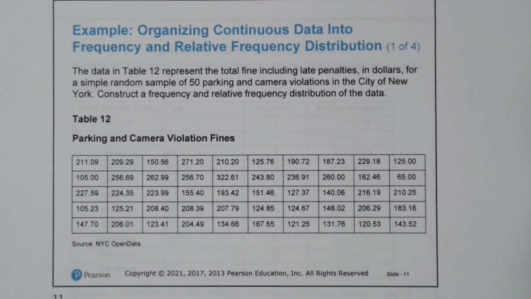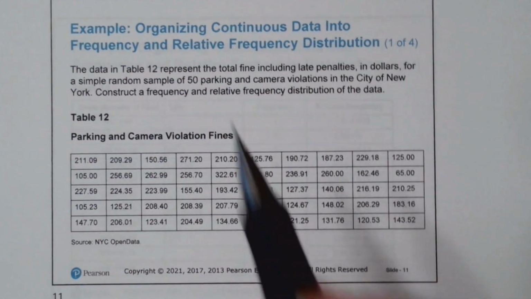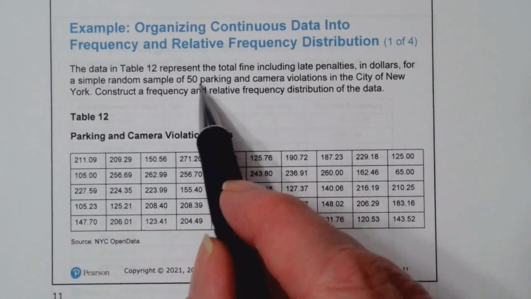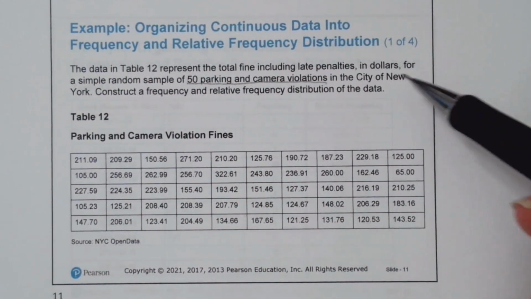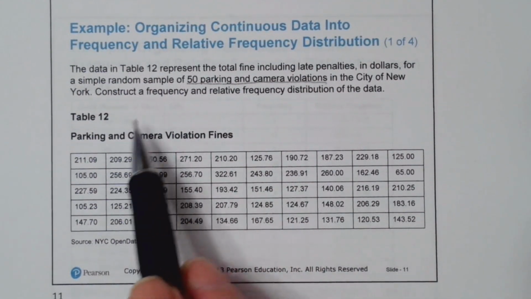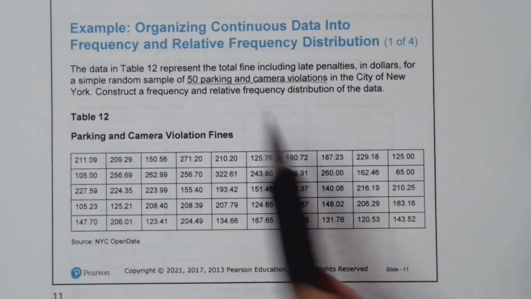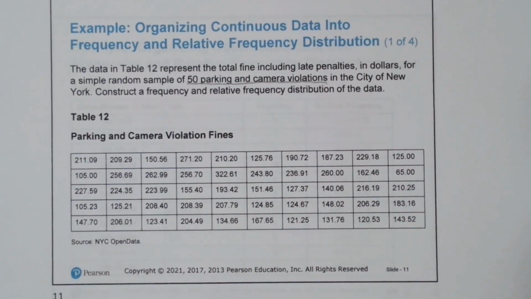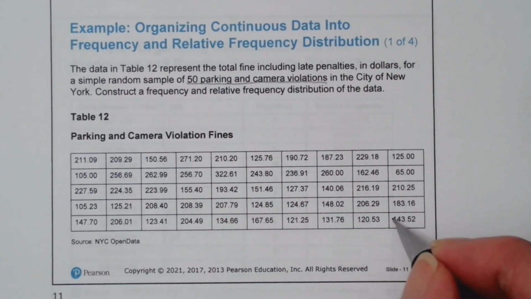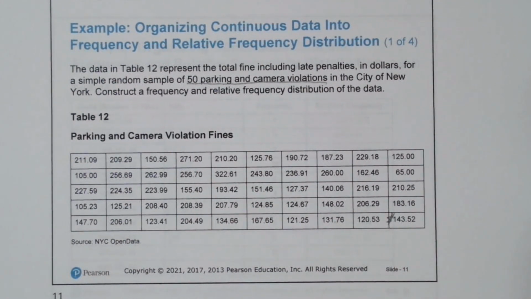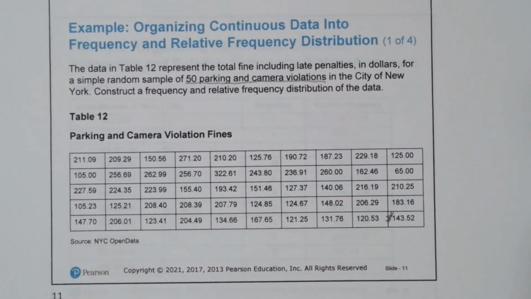So I'm guessing with its camera violations, maybe that's going through stop signs or probably stoplights even more. So that's our data. This is in New York. Construct a frequency and relative frequency distribution of the data. And so these are the fines. Notice they're in dollars and cents. So this is money we're talking about here. And let's go ahead and move on to the next slide.